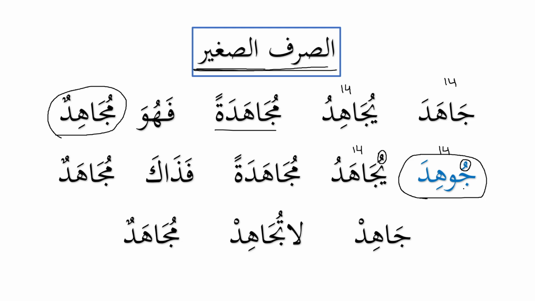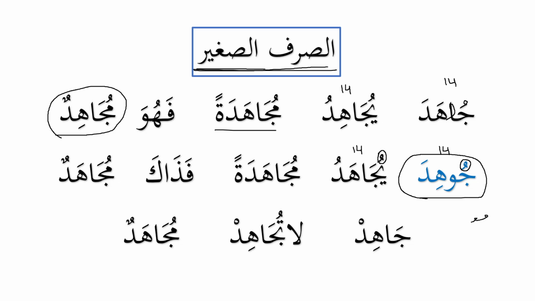So if you put dhamma over here, jahada, yeah, when you put dhamma over here, now what happens, we know that alif is not compatible with dhamma. What is compatible with dhamma? Waw, excellent. Yeah. So basically this alif has changed into waw. So it has become juhida. Why is this juhida?